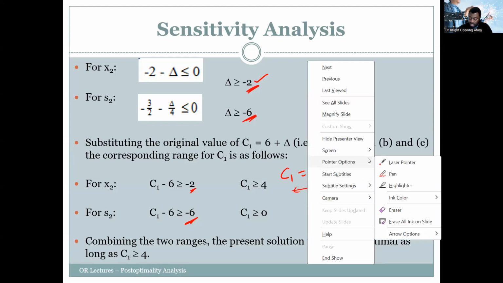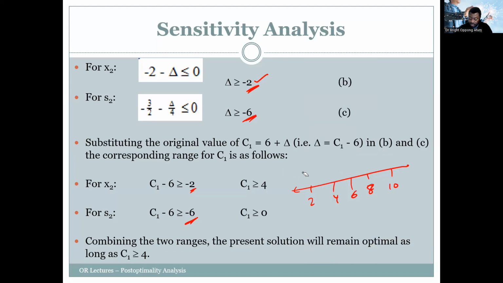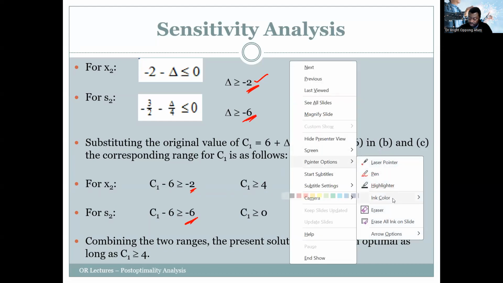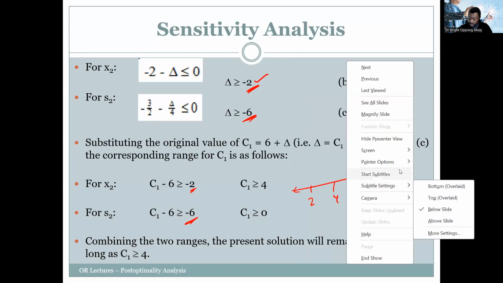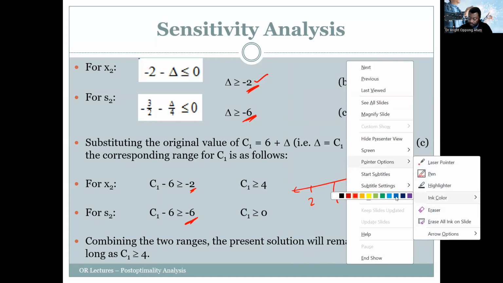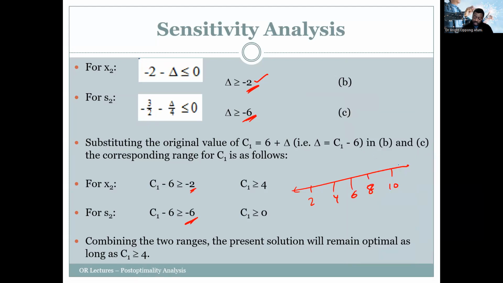I want to erase this and change my pencil marker to, let's say, blue. So C1 is 4, so anything greater than 4, and then anything also greater than 0. So assuming the 0 is here, the converging point is this: anything greater than 4. That's why we have this value well written here.